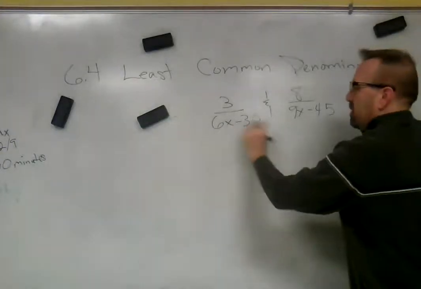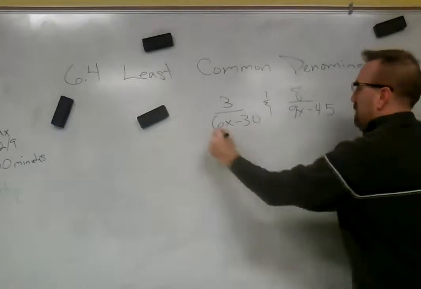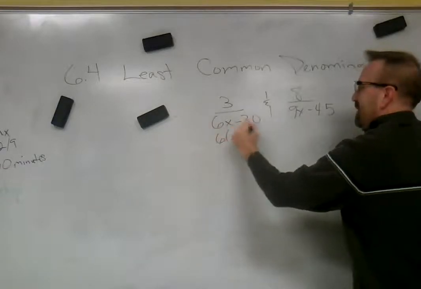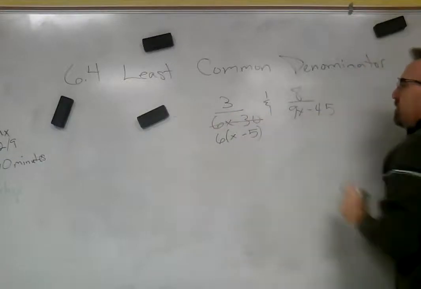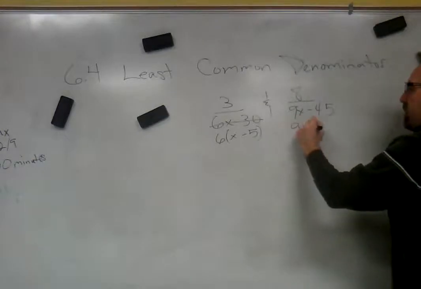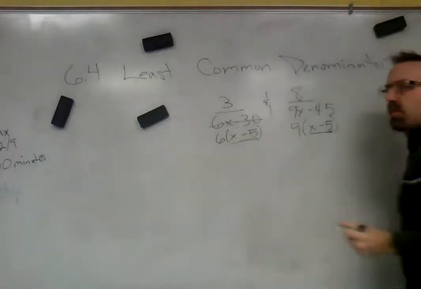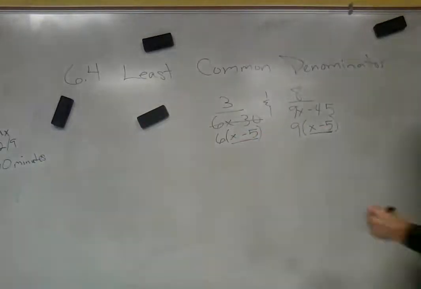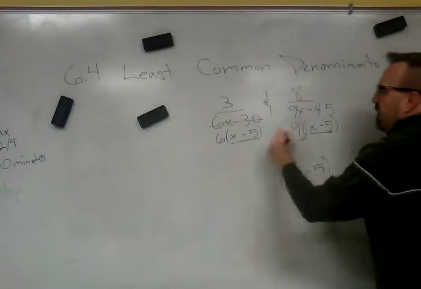What's common in these two things? 4, 6. So there's our 5. Now what's common in these two? 9. So nice thing is, notice those are the same. That's good, isn't it? So our least common denominator probably has to have x minus 5, but now we need to use these two numbers.